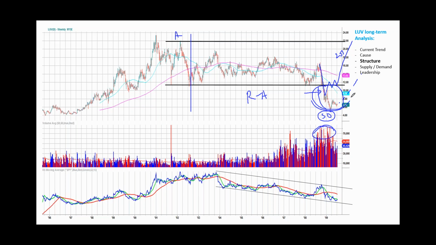And we definitely would be looking, if we're going to buy the stock, for some kind of testing action of this late supply that we have right here. And the testing action, Brian, what are the two things that we would be looking for there for the test?